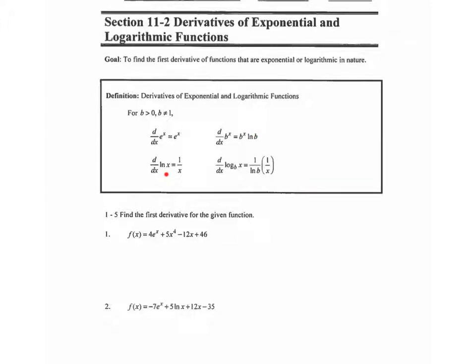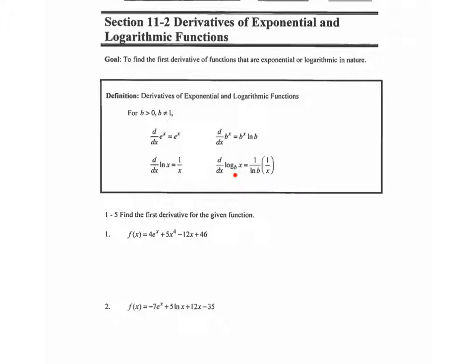Now, on the natural log function, if we're finding the natural log of x, it differentiates as 1 over x. Now, there's a reason why we have to do that. Look at what happens if our base is something different than e, because it's the natural log of x with a base of e. If it's a different base, it's probably going to be written as log with whatever number goes there, okay?